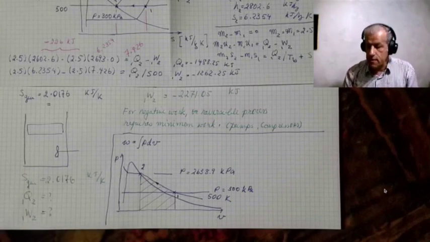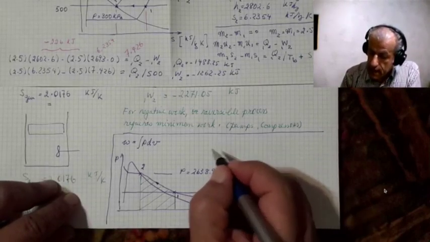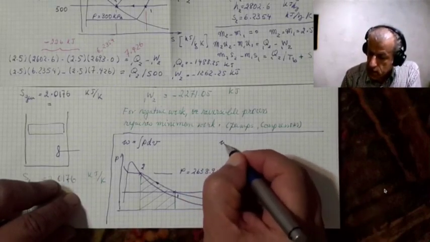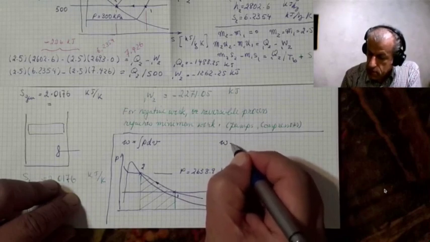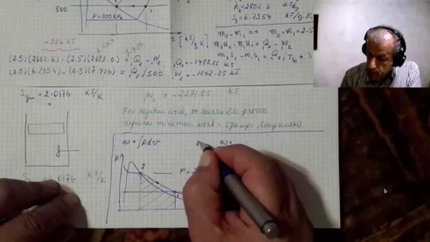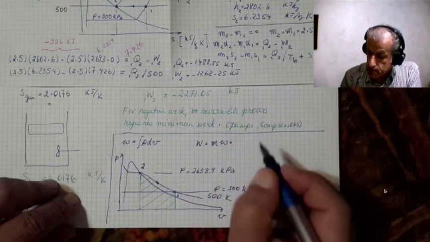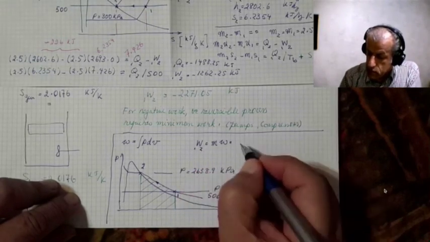And to answer this, all I need to do is to calculate work from this equation. W would be M times w between 1 and 2.